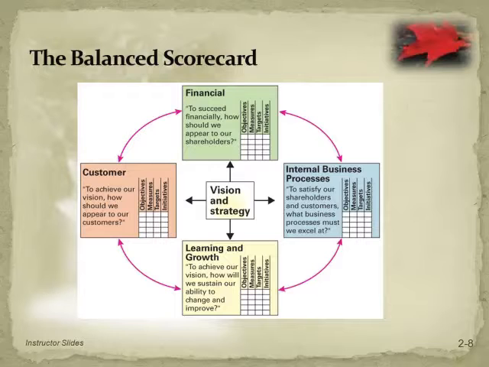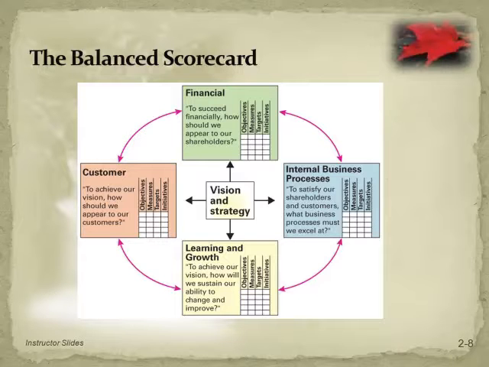Now let's take this balanced scorecard concept and apply it to a typical university student. What are the measures that we have for a typical university student? Well, the most common measure that we have for a university student is grade point average. But grade point average really only measures one particular aspect of a university student's life.